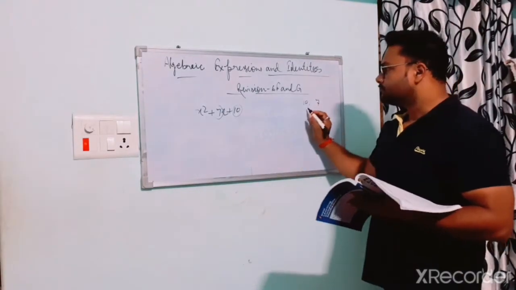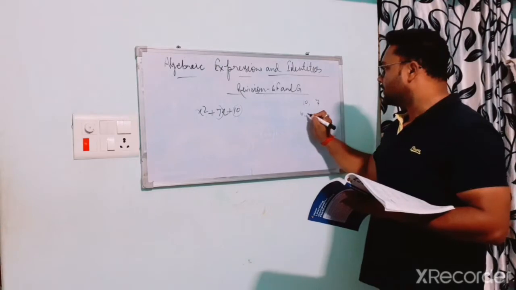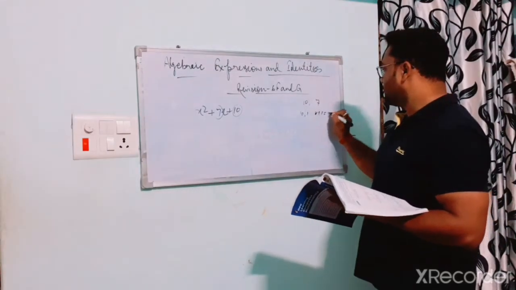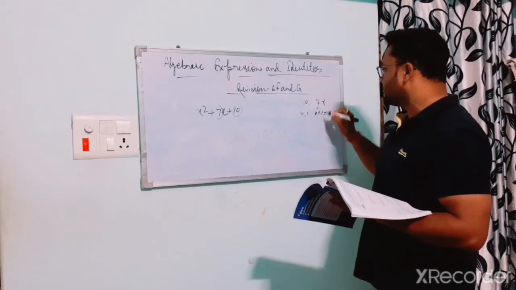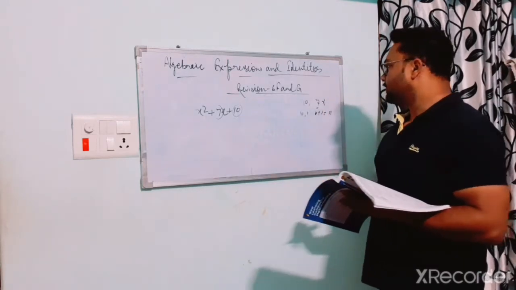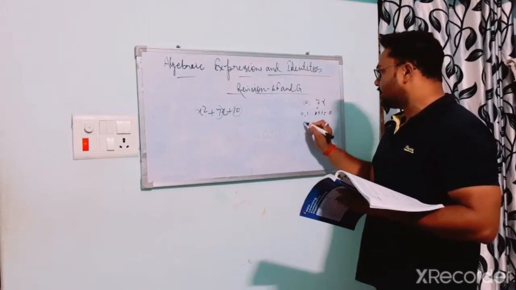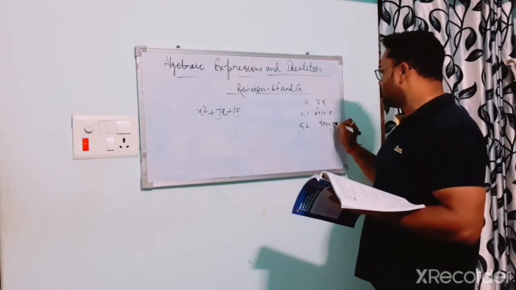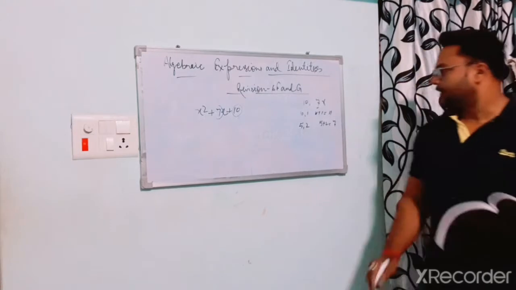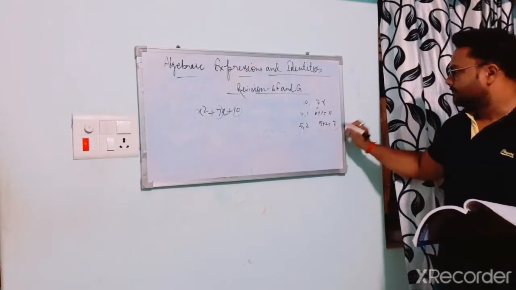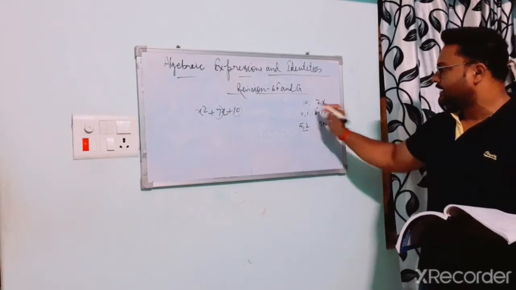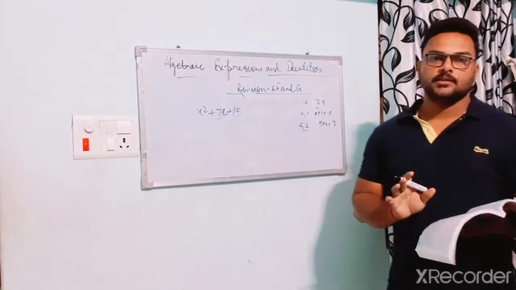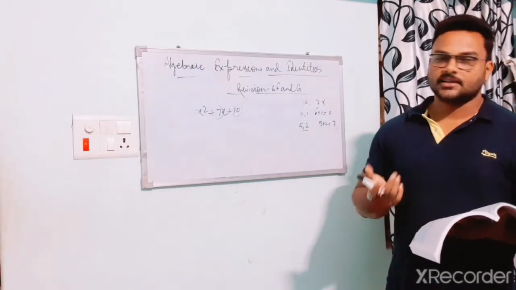So factors of 10 are 10 and 1, suppose, but 10 plus 1 is equal to 11. It is not equal to 7. If we see the factors of 10, 5 and 2, and 5 plus 2 is equal to 7. So here we are getting 7, and when we multiply we get 10. So it means 5 and 2 are the correct numbers which we are searching for.